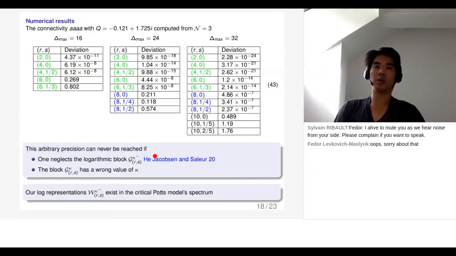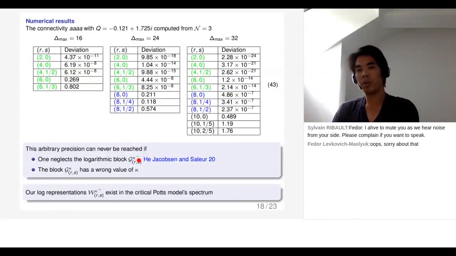However, the accuracy of their result is not arbitrary because they were neglecting the logarithmic contributions. And in general, one may even try to solve this crossing equation with this logarithmic block, but with a wrong value of kappa.